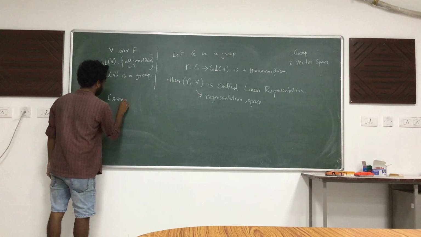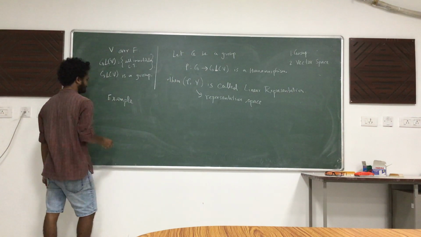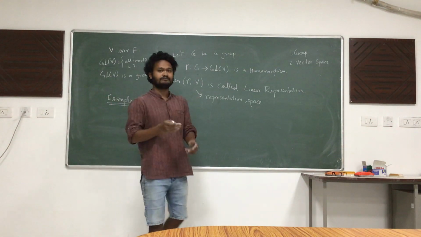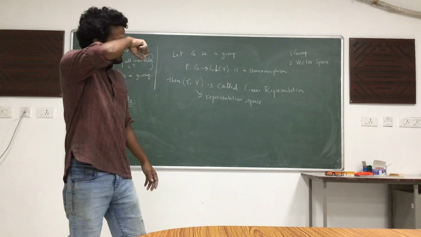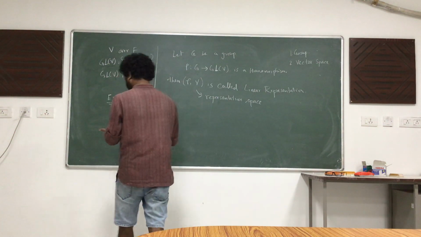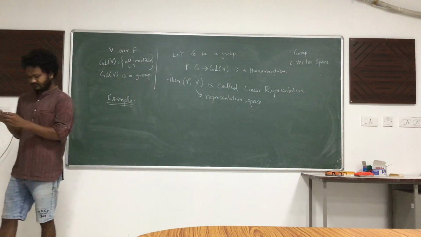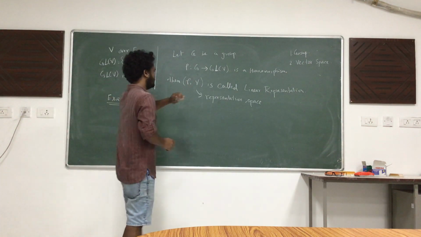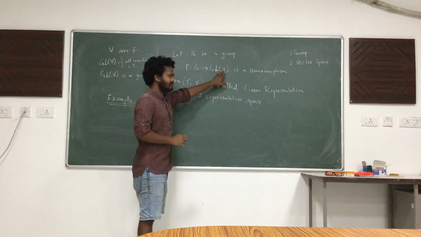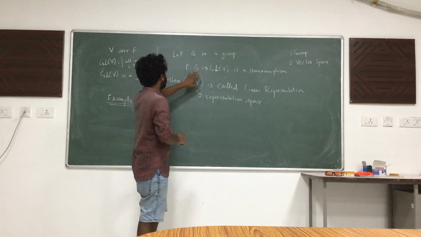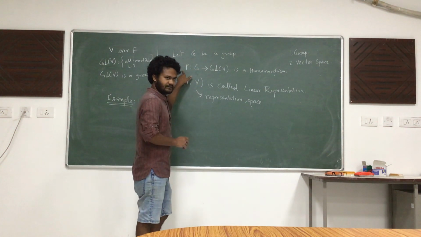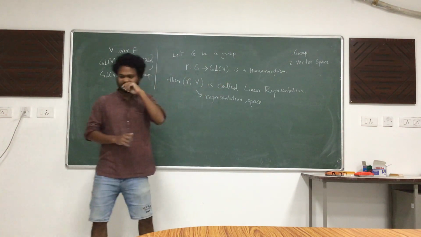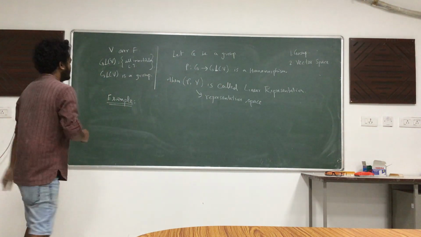Can you give an example? Any example? So what do we need for the representation? One vector space and the group, and we have to define this map from the group to the general linear transformations.